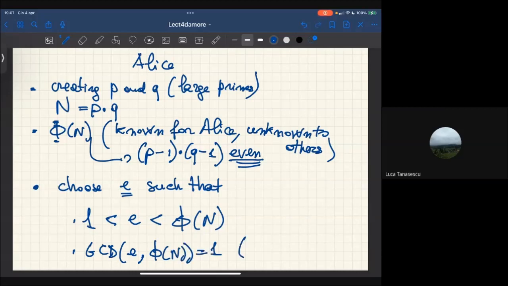So they are coprime. These numbers have no common divisor. Okay?